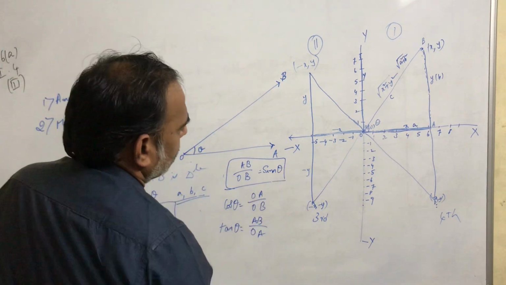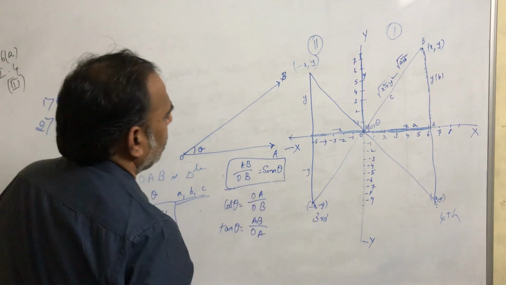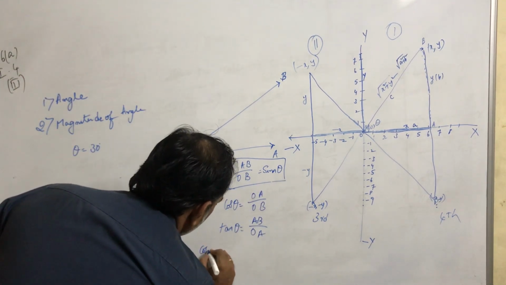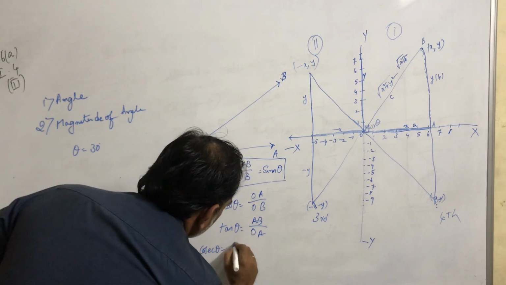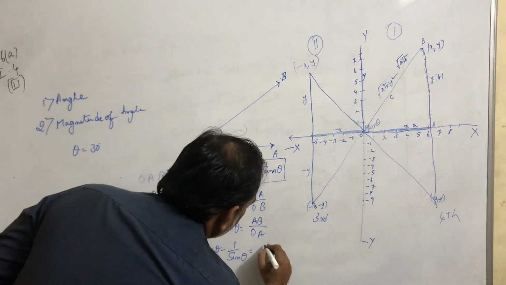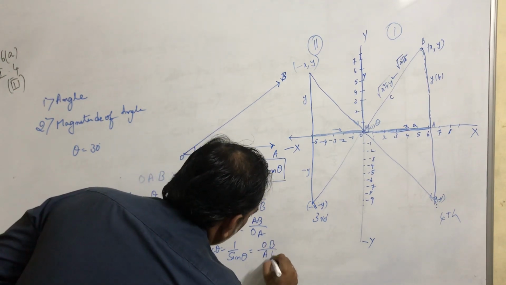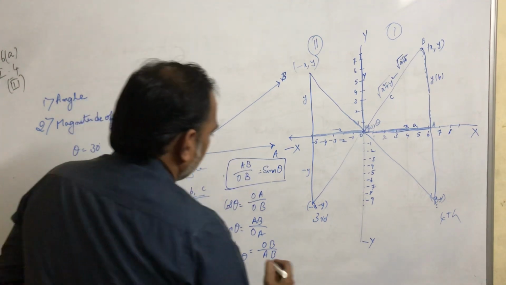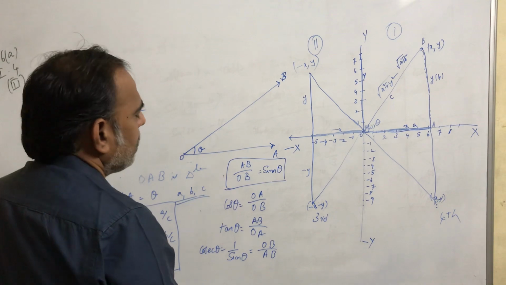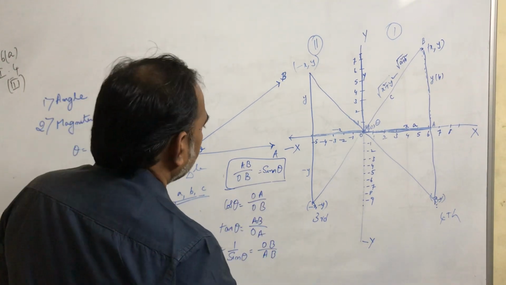We have three ratios, right? Now I will do cosecant theta. Cosecant theta equal to 1 by sin theta. That equals, we need to reverse it, OA by AB. So how many trigonometric ratios should we have? We should have six trigonometric ratios.